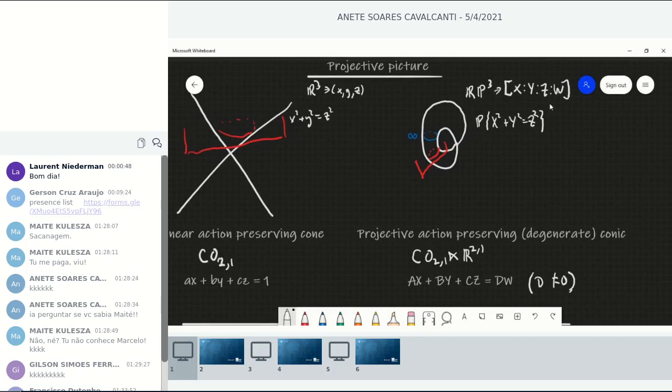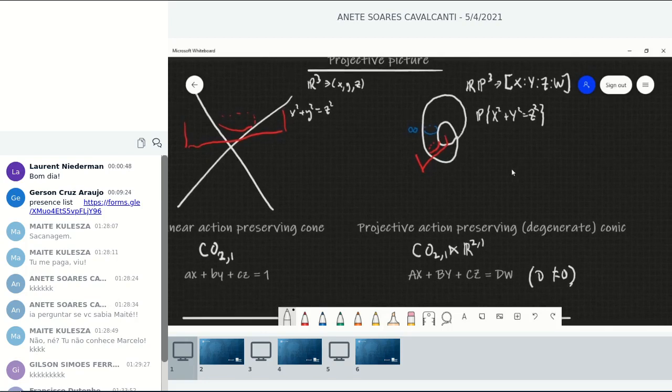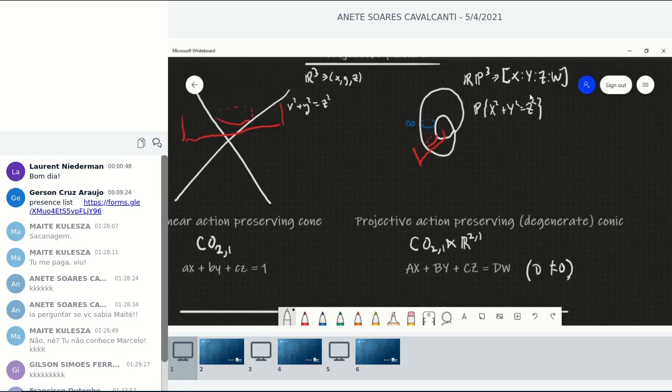We think of this as the W equals 1 chart, and we have this degenerate conic, because it doesn't depend on W. It's this cone closed up, because we've added this circle at infinity. And the Kepler orbits are still just sections by projective planes of this projectivization of the standard right cone in projective space.